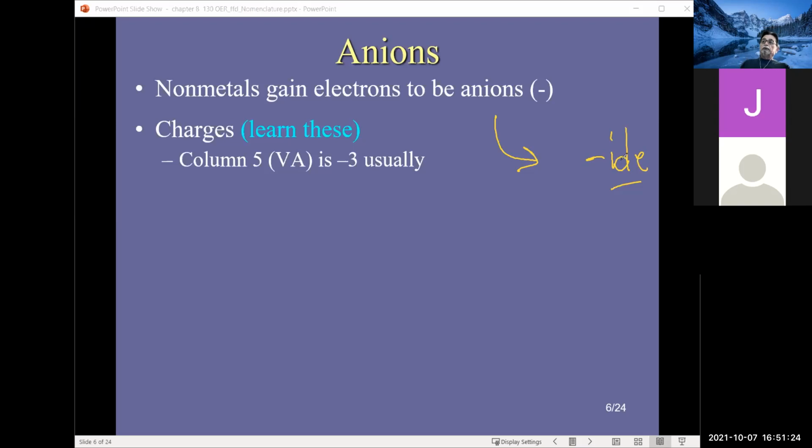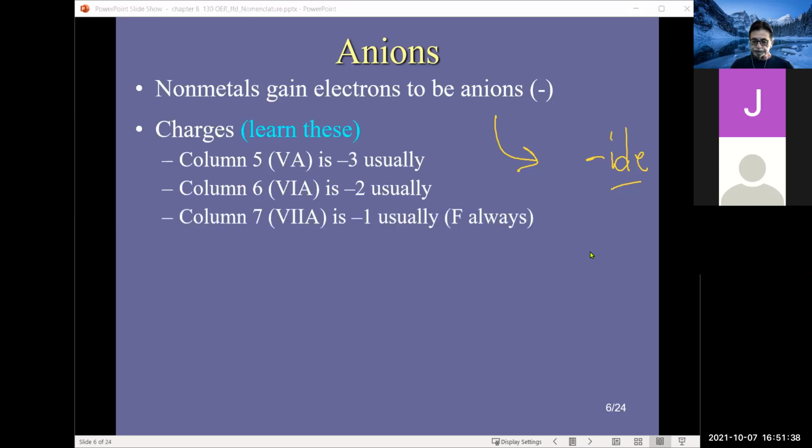So group 5, you got nitrogen becomes nitride, phosphorus becomes phosphide, etc. In group 6, -2. In group 7, all the halogens, aka halides, IDE, have a -1.